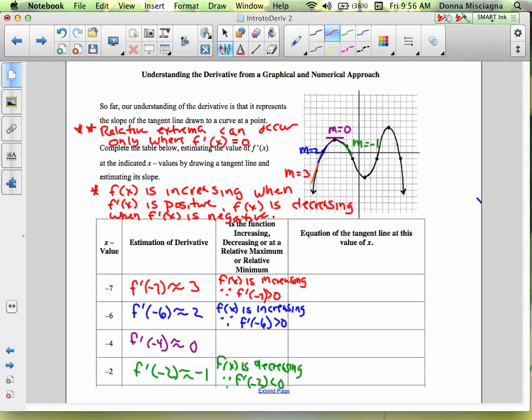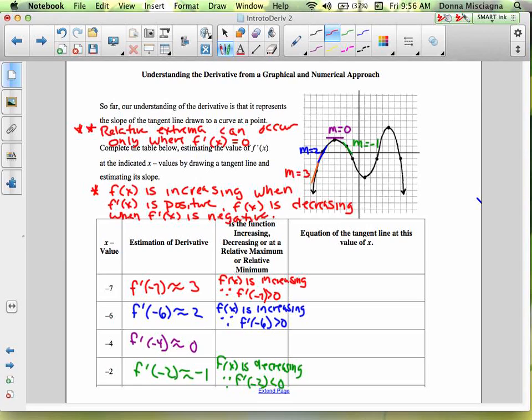So our relative max and min values can only occur when f prime of x is 0. That doesn't mean that every time the slope is 0, it's going to be a relative maximum. It could have a tangent line of 0 and then keep on increasing after that. So we have to look at what's happening on either side to know whether it is a relative extrema, and is it a relative maximum or a relative minimum.